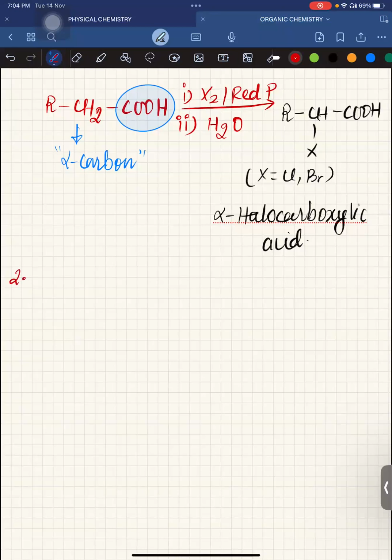The next one is ring substitution, and this reaction you can easily do it.